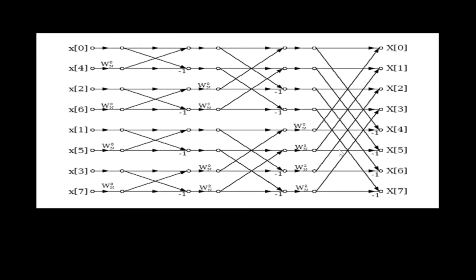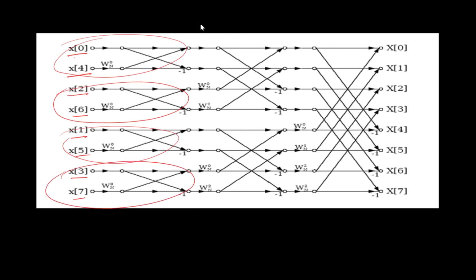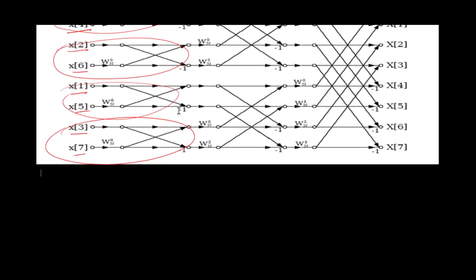You can see in here x0 and x4 are getting paired. This is one butterfly diagram. Then x2 and x6 are getting paired, likewise 1 and 5, and 3 and 7, and there will be three different stages of these butterflies.